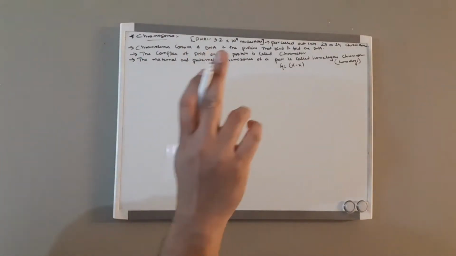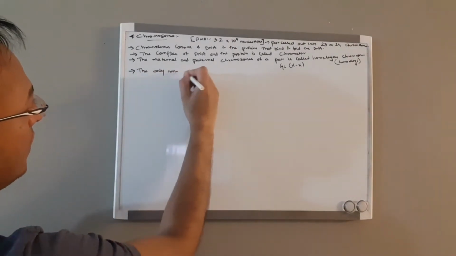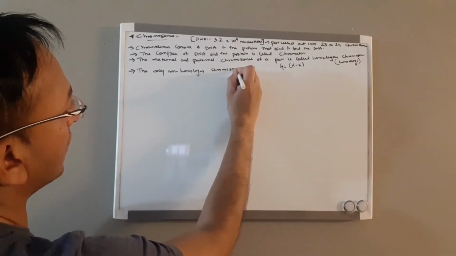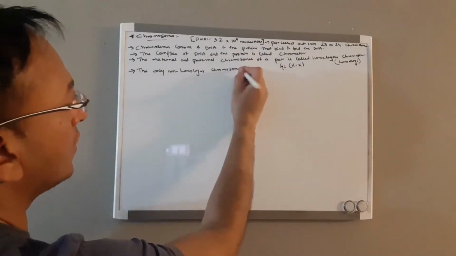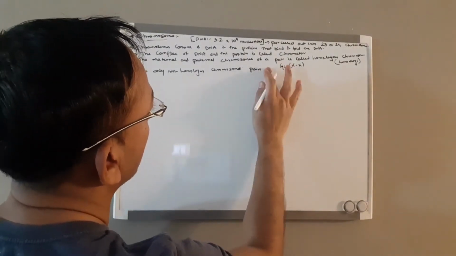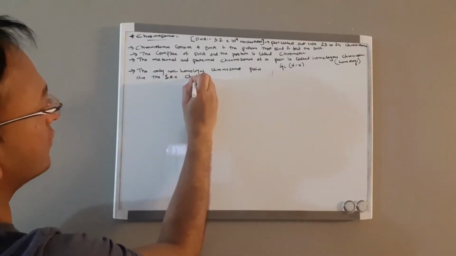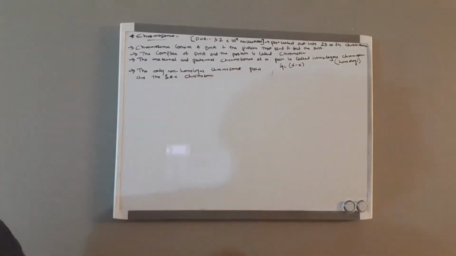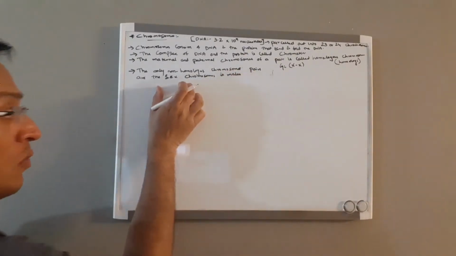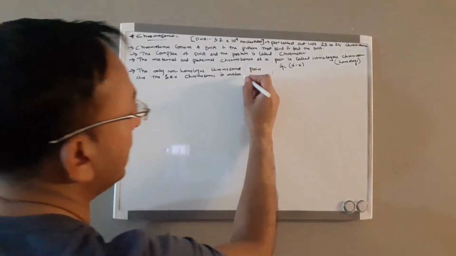So the only non-homologous chromosome pair is the sex chromosomes in males, where a Y chromosome is inherited.